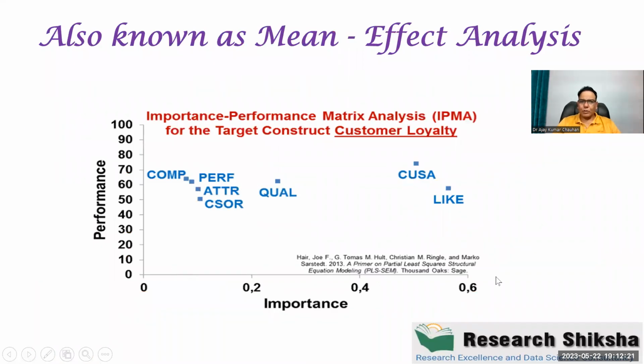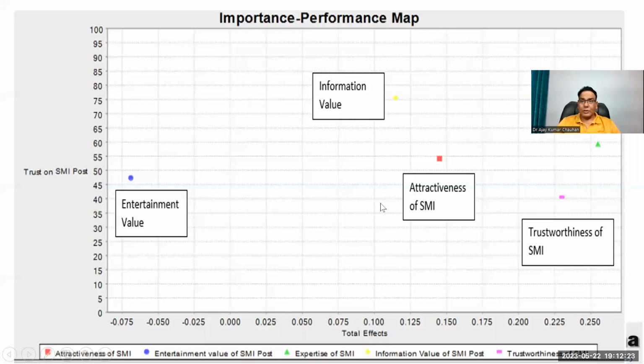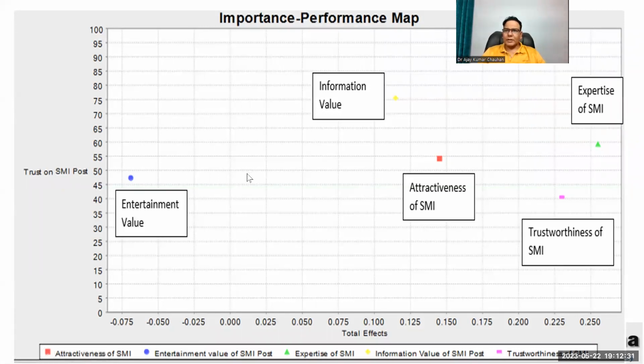This is also a graph, but I am showing you the graph which we normally put in the paper. This is one of the formats. In this graph, the dependent variable is trust on SMI. This is the output of a research. There are a lot of social media influencers who are posting on Instagram and other social media.